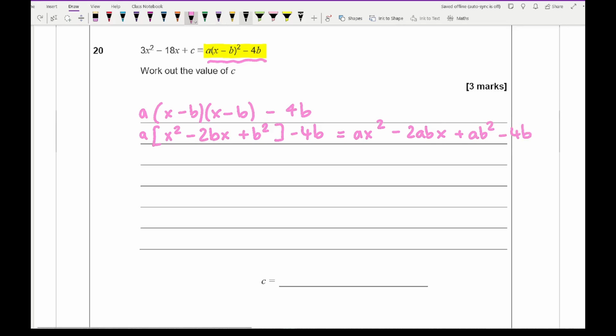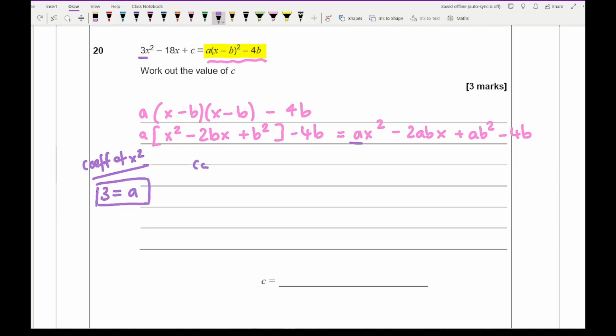Now again, now that we've expanded this out, we want to compare the coefficients. So if we look at the coefficients of x squared, on the left hand side we've got 3, and on the right hand side we're going to have just a, so a equals 3.